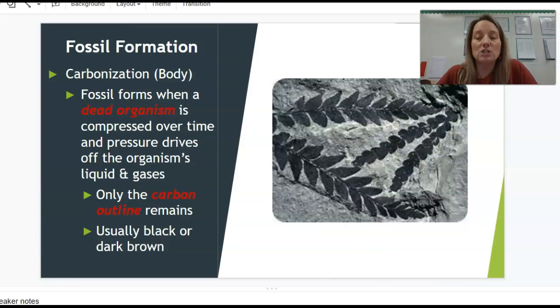All right, carbonization. Fossils form when dead organisms are compressed over time and pressure drives off the organism's liquid and gases.